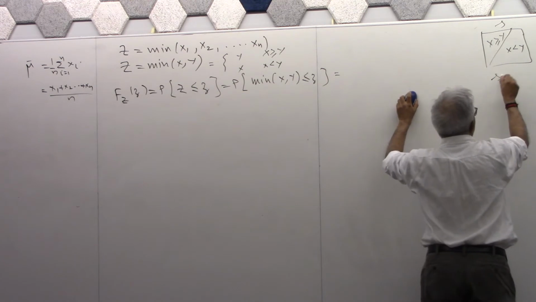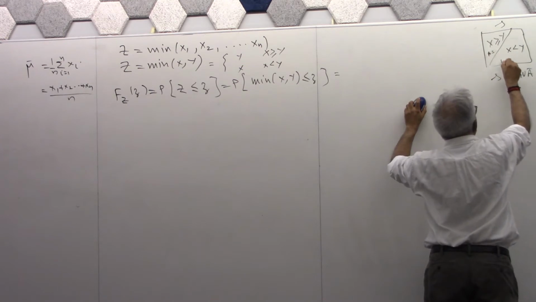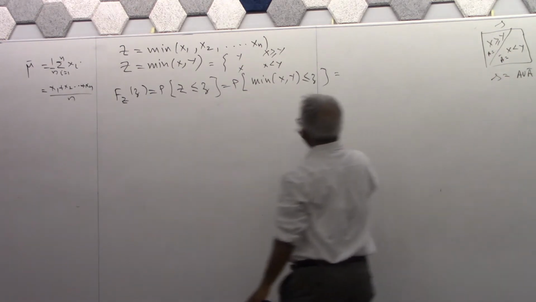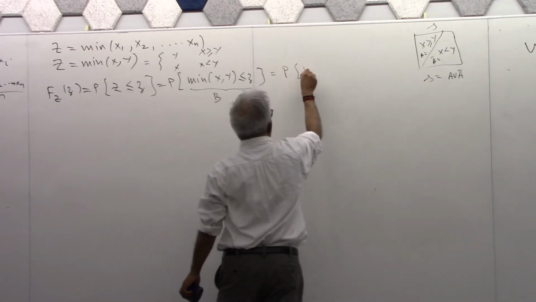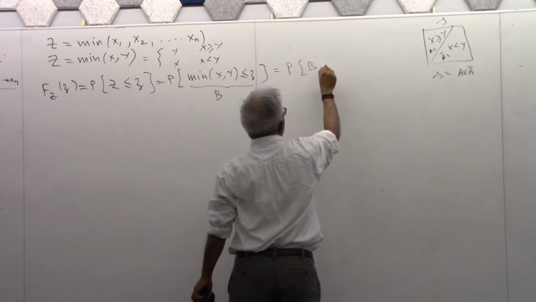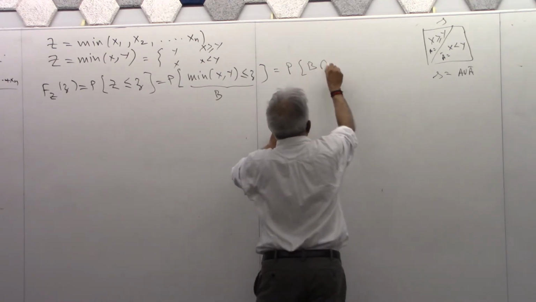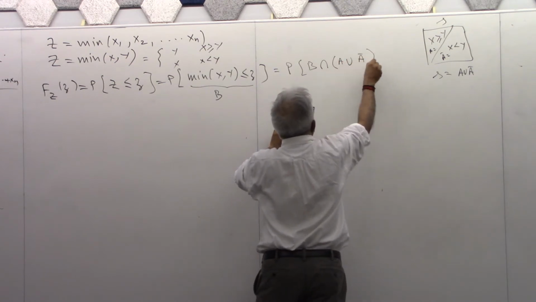So again, you see that S can be written as A union A complement, where this is A. So this is A complement. And so if I write this to be some event B, I can write this as B intersection S, but S is A union A complement.